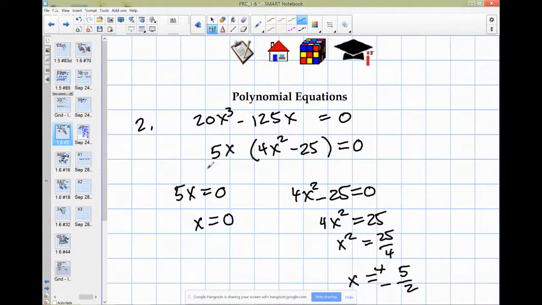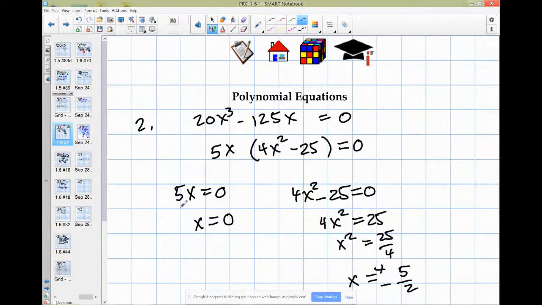So we're sitting here at 5x. Does everybody see that? 5x times the quantity 4x squared minus 25 equals 0. Because it's equal to 0 and we have it factored, we can set each factor equal to 0. Remember the good old zero product property: if you have a multiplication problem that results in a 0, either factor or both could be the cause.